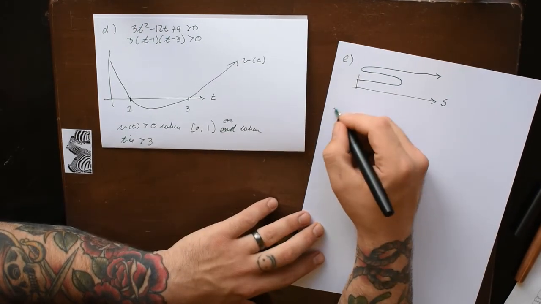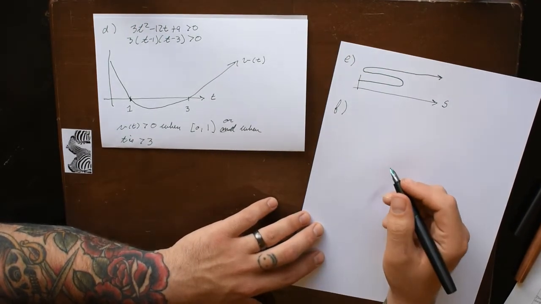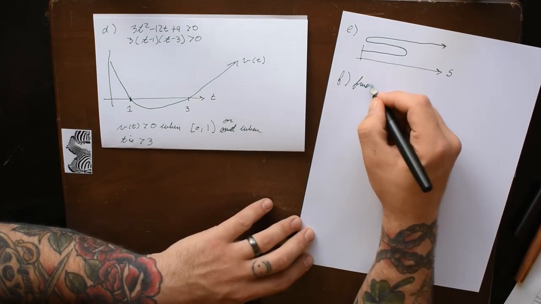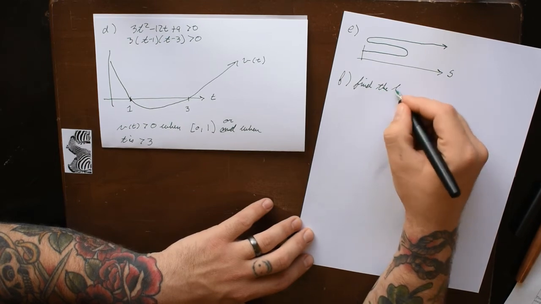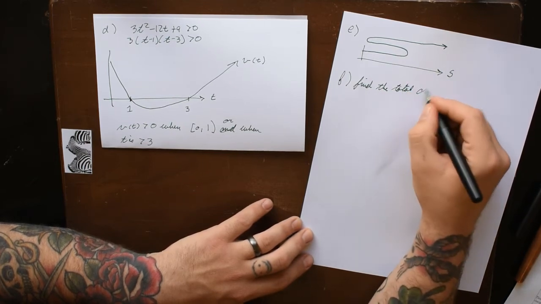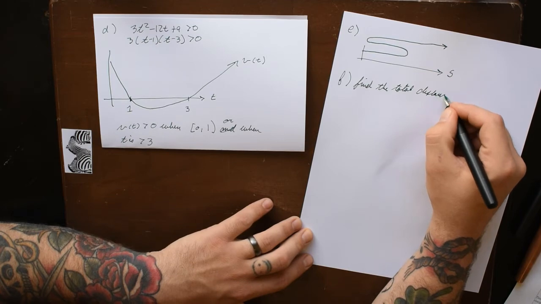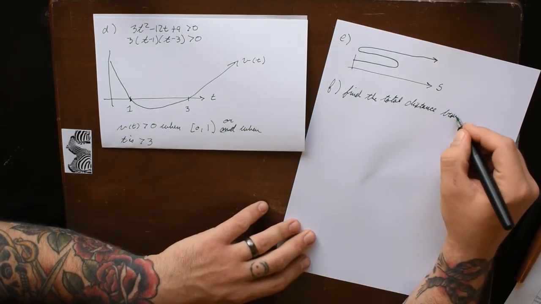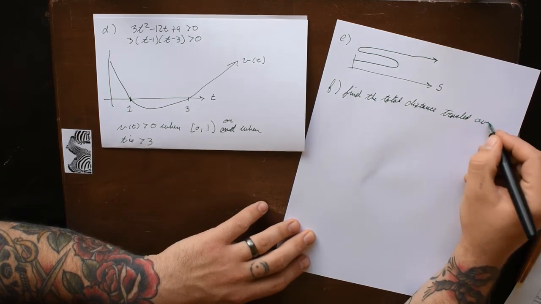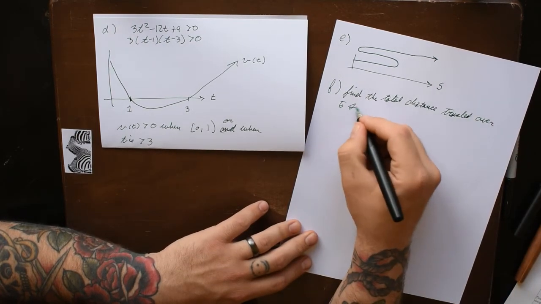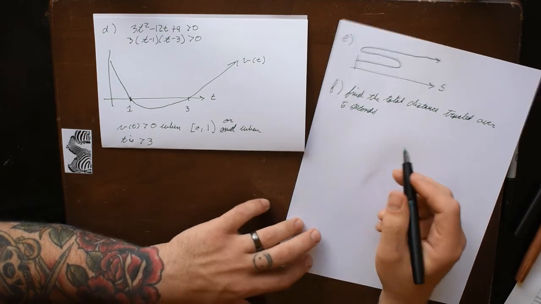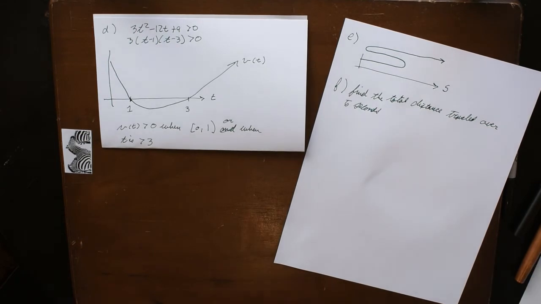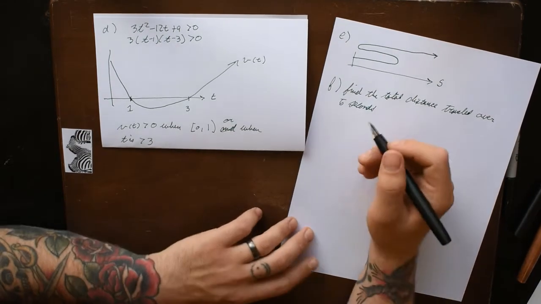So for part F, if we wanted to find the total distance traveled by the particle over 5 seconds, we are actually going to have to split up our position function, which I have lost, if you'll give me a second.